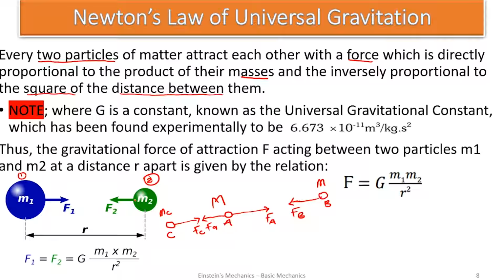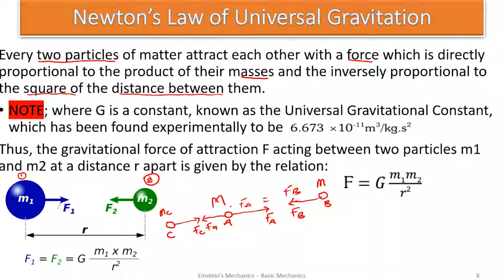And it happens between every two objects. And if we want to calculate this force, if we want to know the magnitude of this force, then the formula comes in. Newton is saying that F1 is always equal to F2. The force they exert on each other is the same. So this Fa is equal to this Fb.